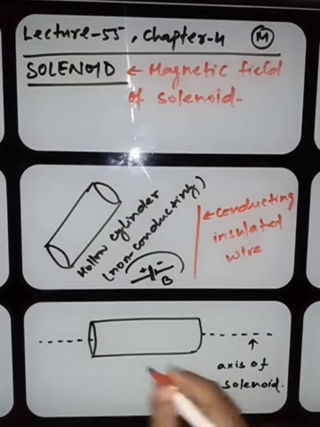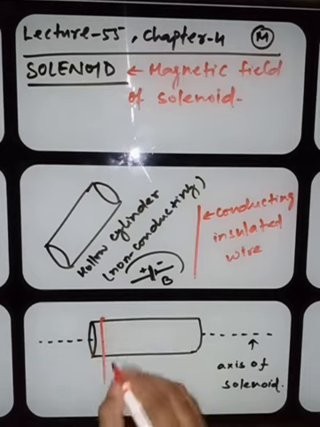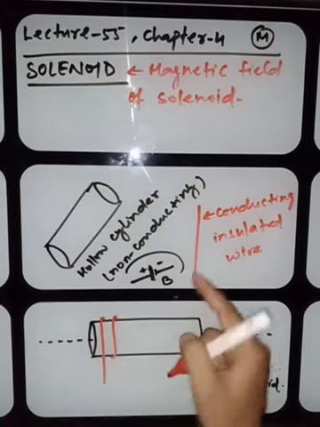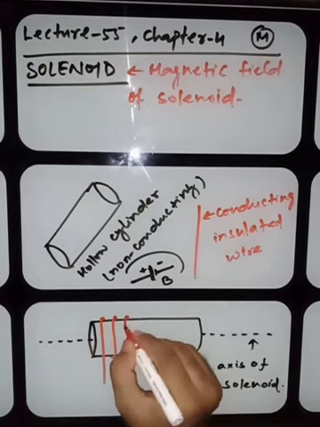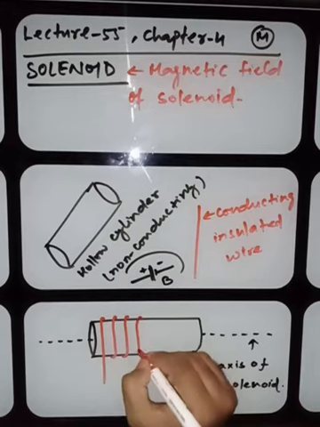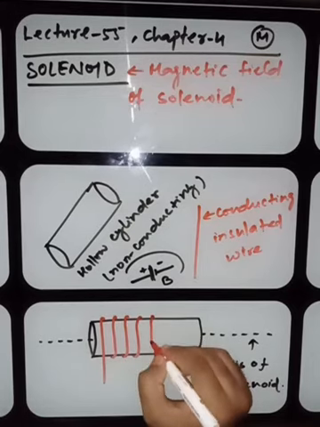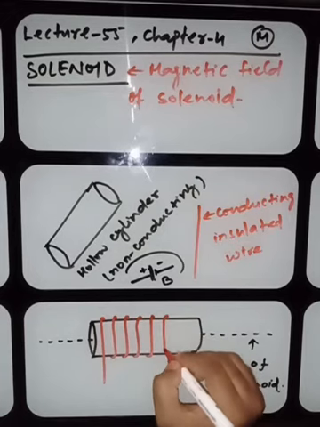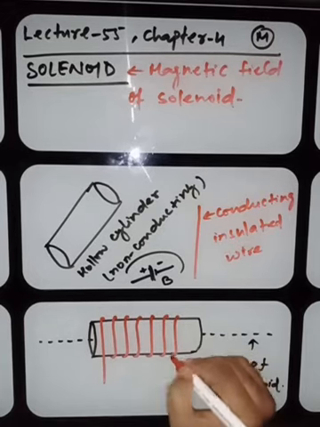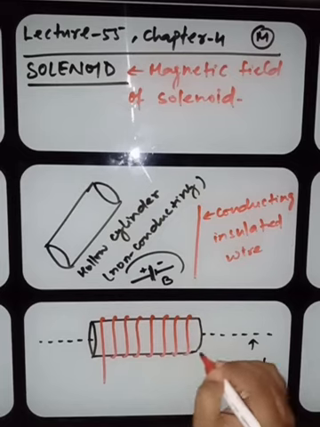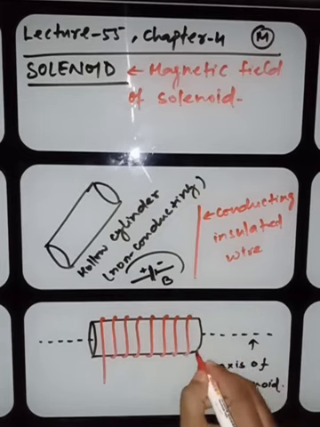Now we are going to wind the wire. I am turning this wire. The number of turns gives the magnetic field; it increases the strength of the magnetic field. As you increase the number of turns, the magnetic field will increase.